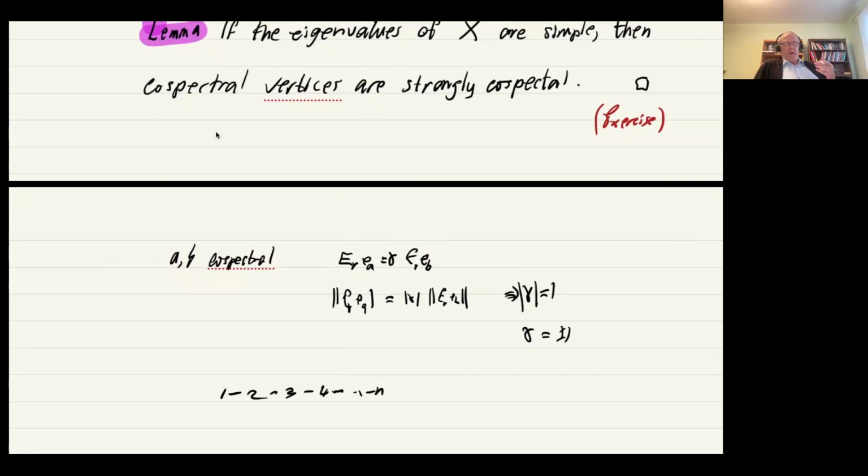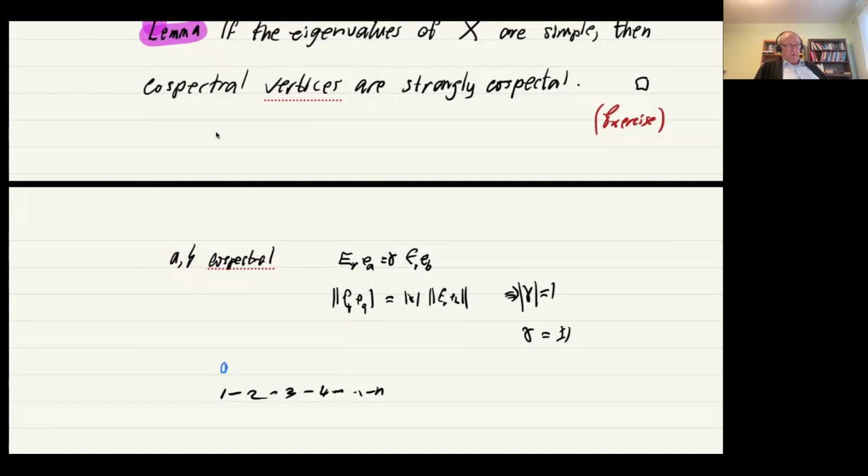Either one of them is 0 on the first vertex, or they are both equal to some non-zero constant, but then I can take a multiple of one away from the other and get another eigenvector which is now 0 on the first vertex. So if the path has an eigenvalue of multiplicity greater than 1, then it has an eigenvector which is 0 on the first vertex.